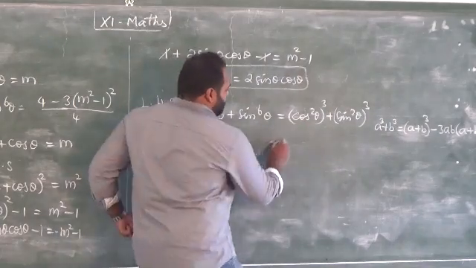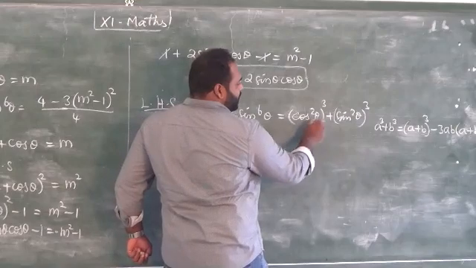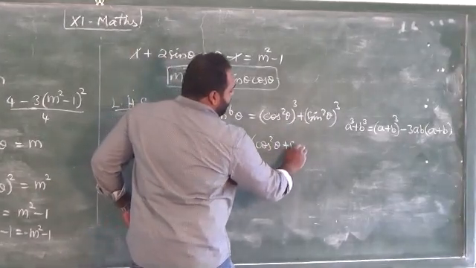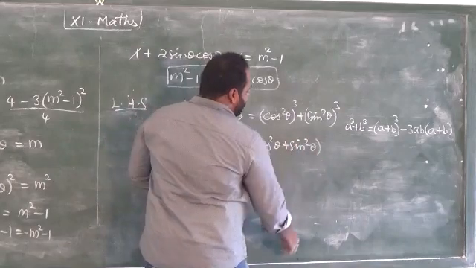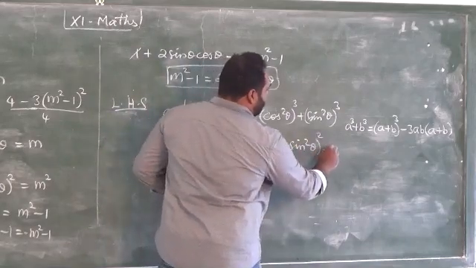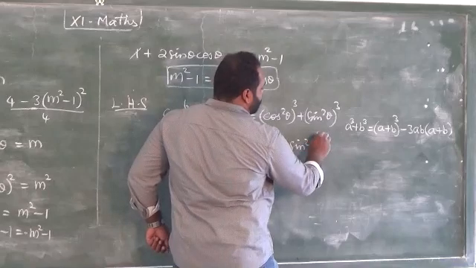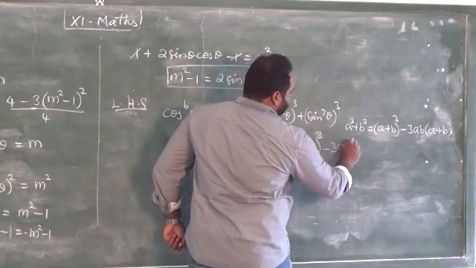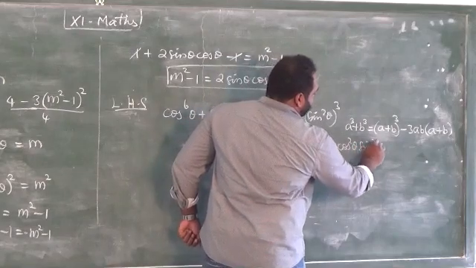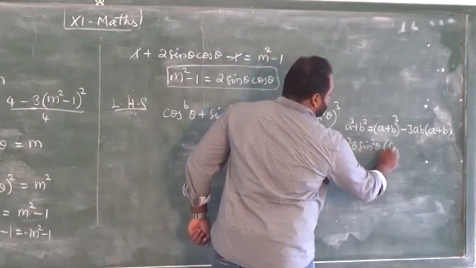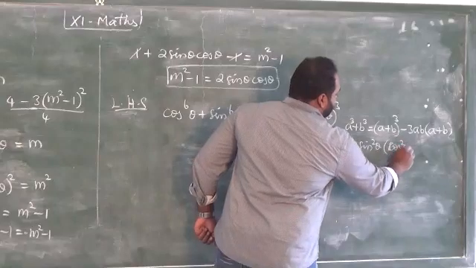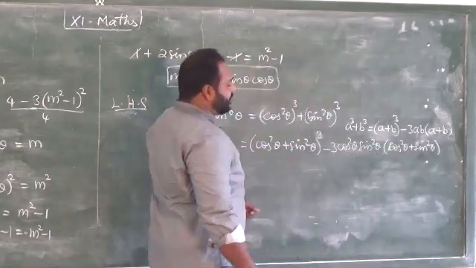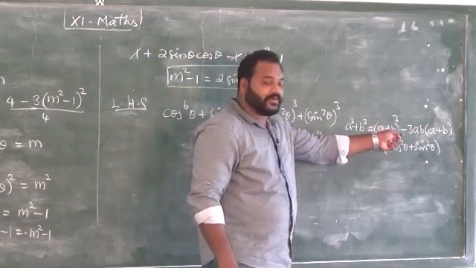So here a is cos square theta, b is sin square theta. So (cos square theta plus sin square theta) whole cube minus 3 into cos square theta sin square theta into (cos square theta plus sin square theta). I just applied the values in this formula.